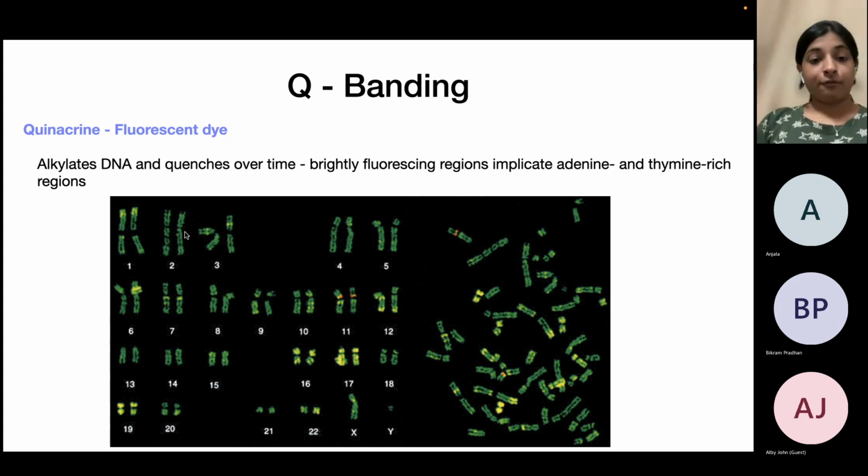So we can see here that every chromosome has a unique banding pattern. This is because these regions have these AT-rich regions, and this is conserved across a species. As we know, most of our genetic material is shared, almost 99% is identical amongst individuals of a species, and there is a very small region which is different and which is what gives us the genetic diversity.